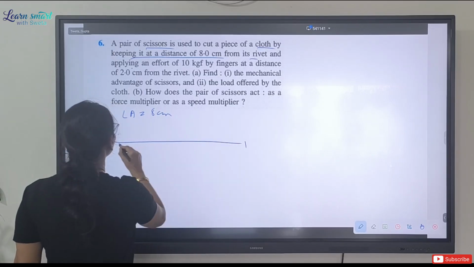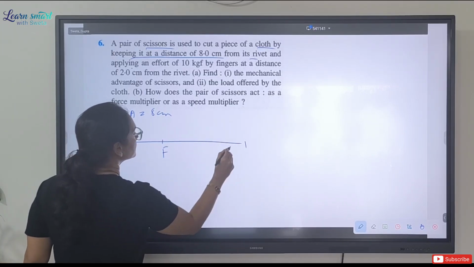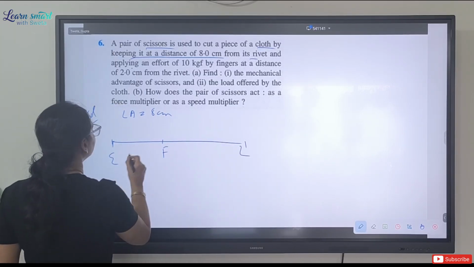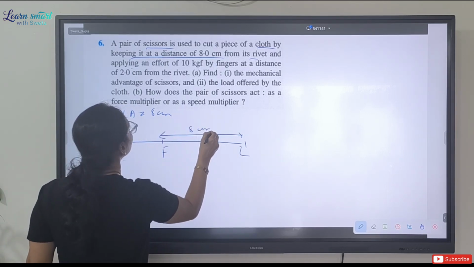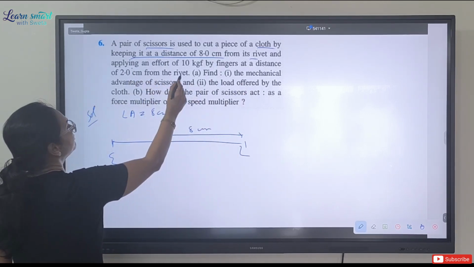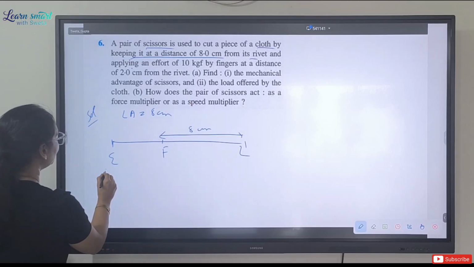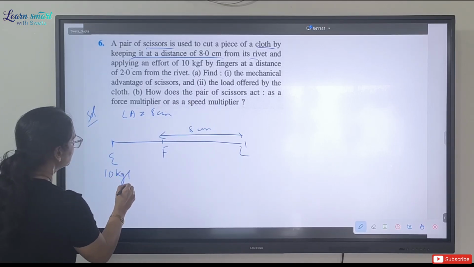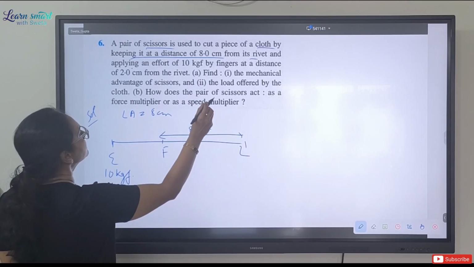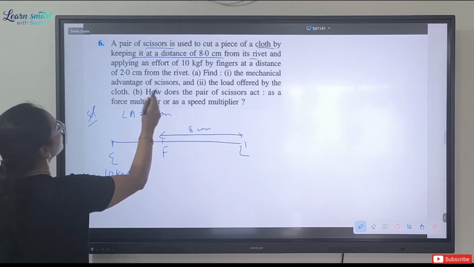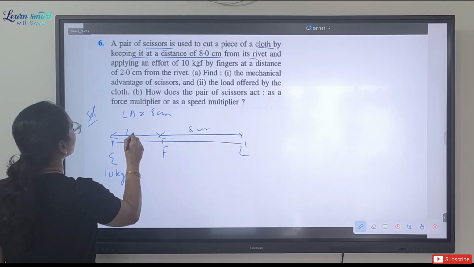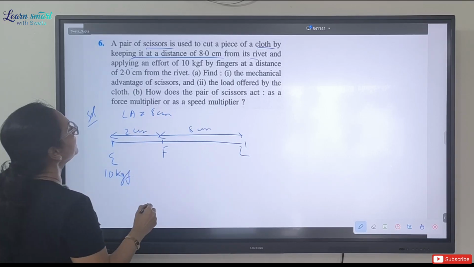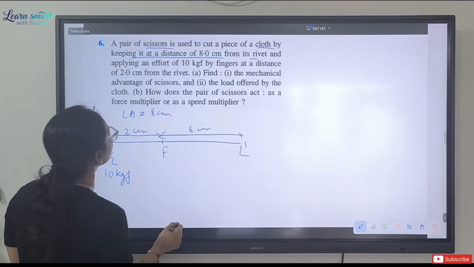So if we draw, this is the fulcrum, this is the load, this is the effort, and the load arm is given to us as 8 cm. And applying an effort of 10 kgf. How much effort are we applying? 10 kgf. By fingers at a distance of 2 cm from the rivet. So from the fulcrum, this distance is 2 cm. And find the mechanical advantage of the scissors.